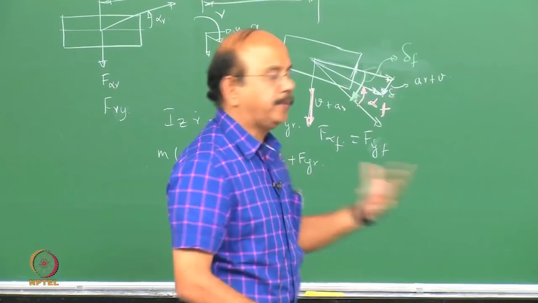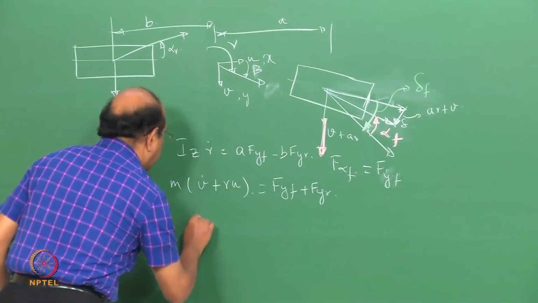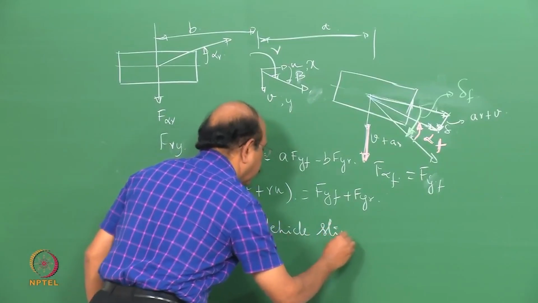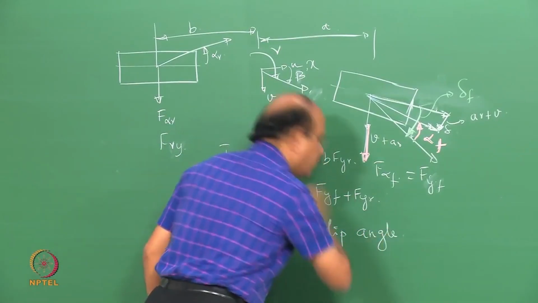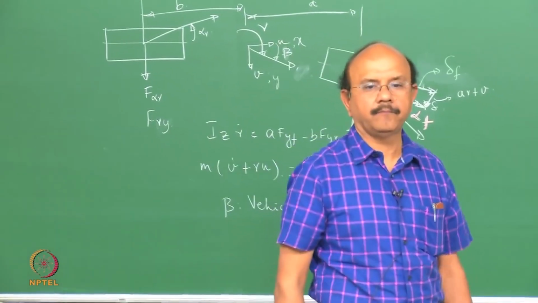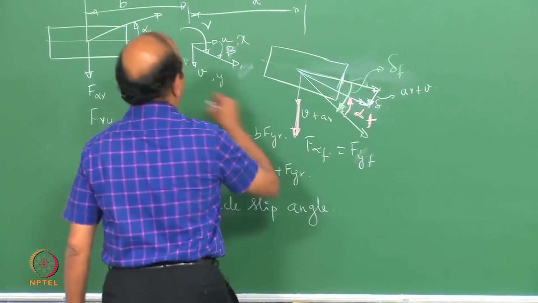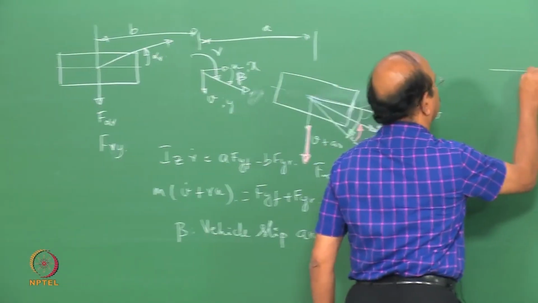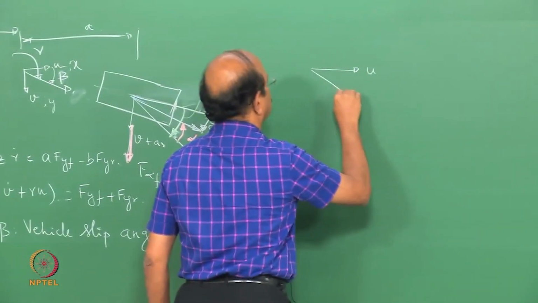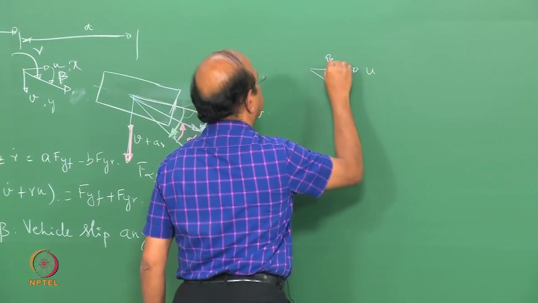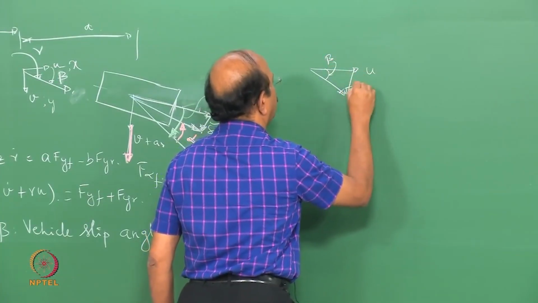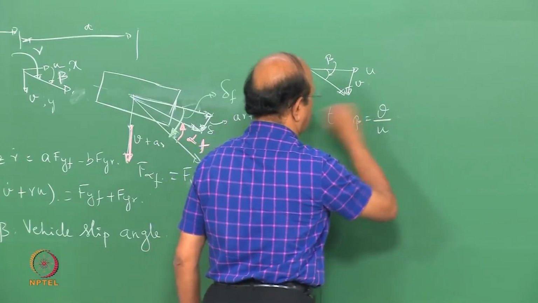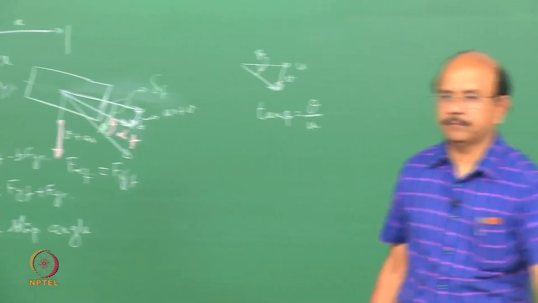Beta is called the vehicle slip angle. From this diagram, tan beta is equal to V by U.